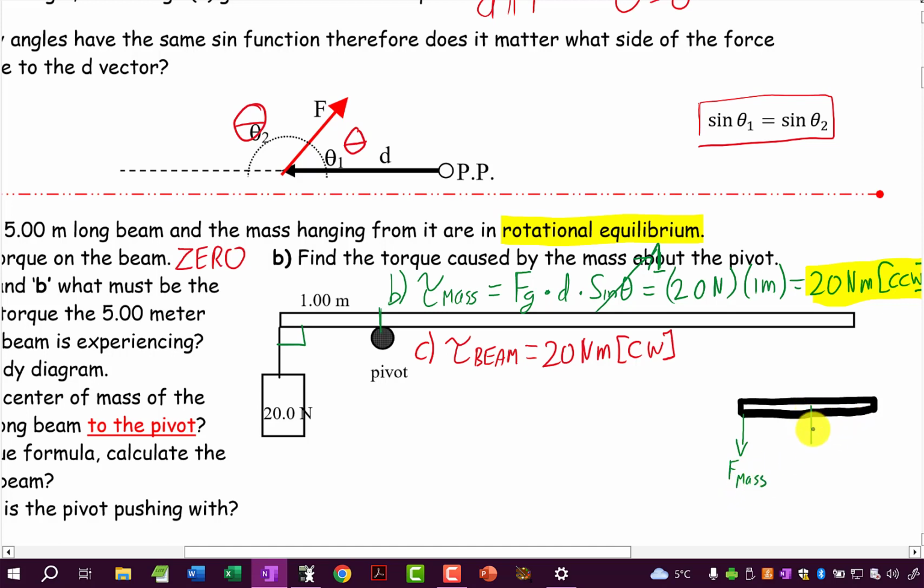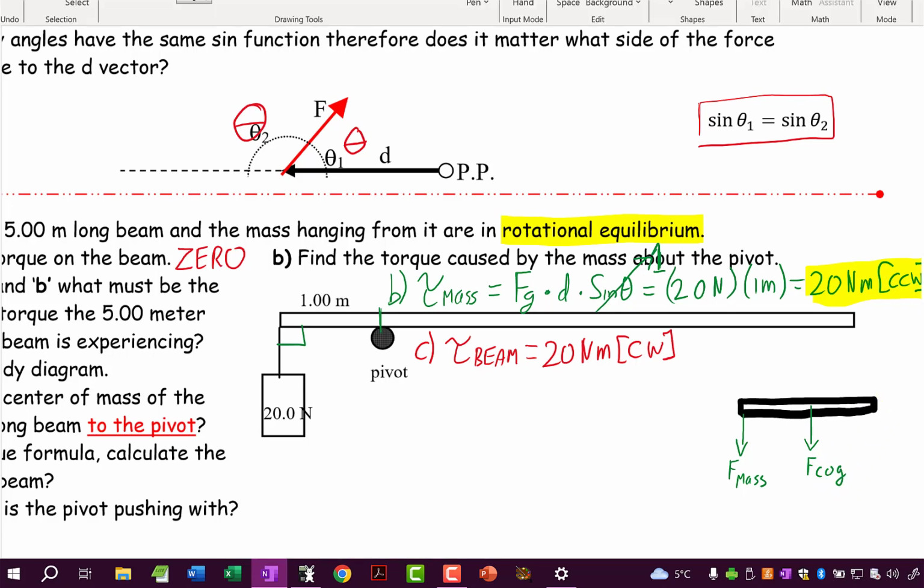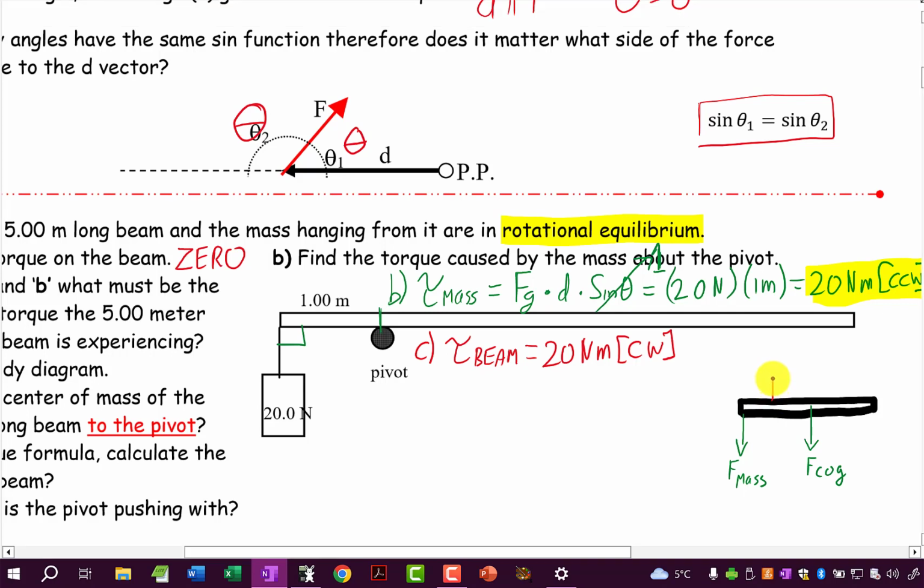We have right in the middle of the beam the force of the center of gravity, and then the pivot point is also pushing up. It's resting on the pivot point, so that's the force of the pivot point.